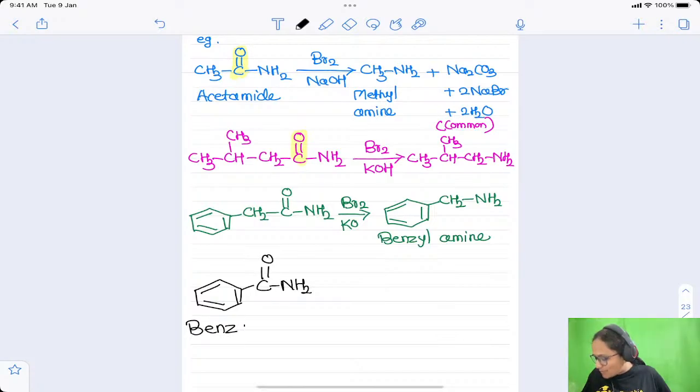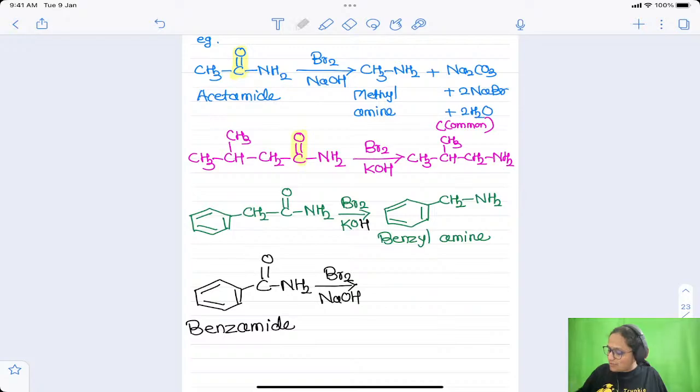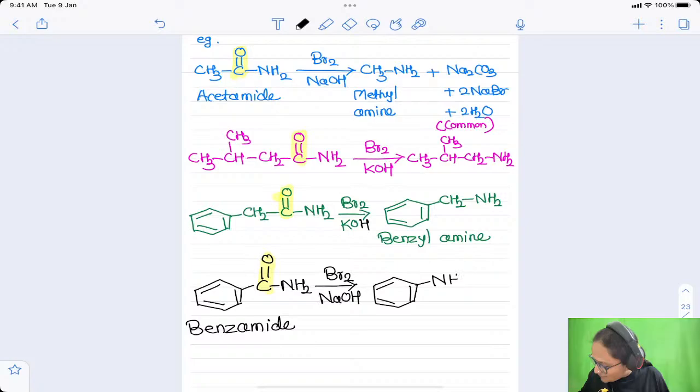If Br2 NaOH or Br2 KOH is written on the arrow, again here also you are going to do the same thing. Simply delete this part. So this is your benzene ring, and it will be directly attached to NH2 now, and this is nothing but aniline.